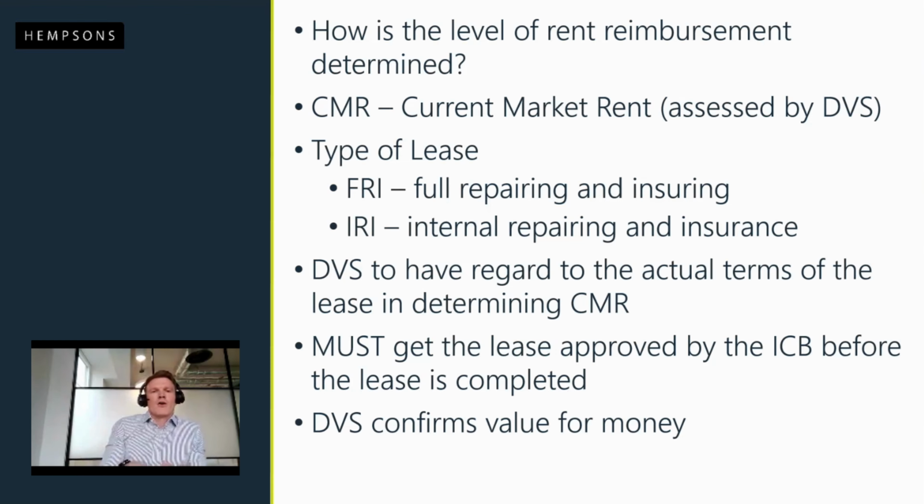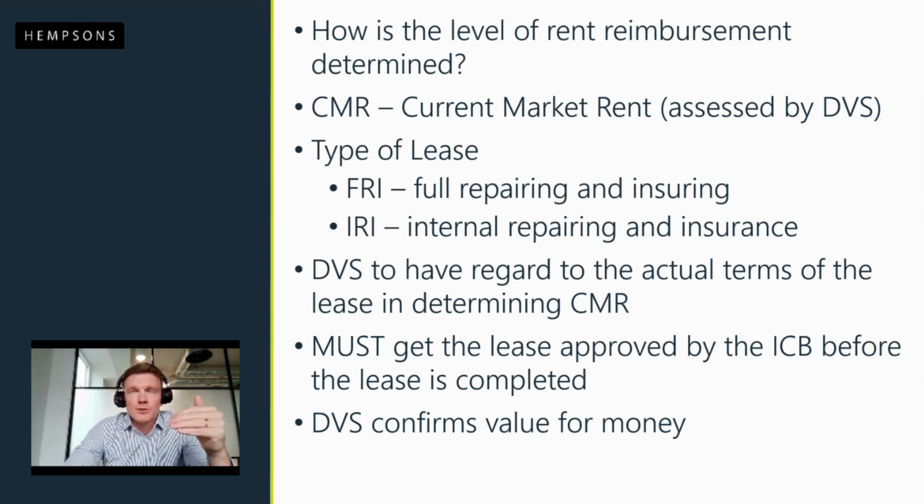So in an FRI context, the CMR, the current market rent, will take account of the tenant's liabilities in respect of repair and insurance. And I've discussed earlier that this should be reflected in the CMR by stating the amount of the CMR which the GPs can hold back to cover that liability.